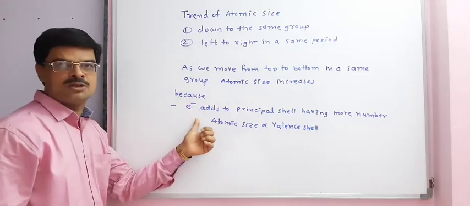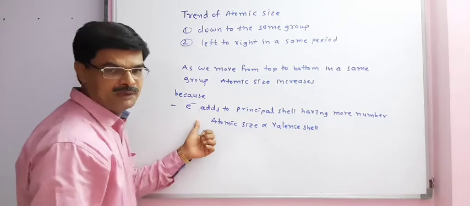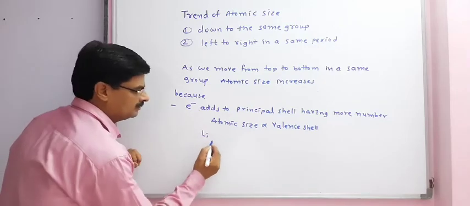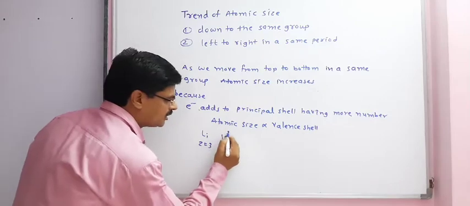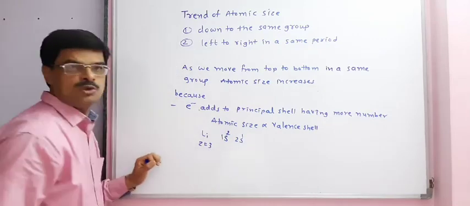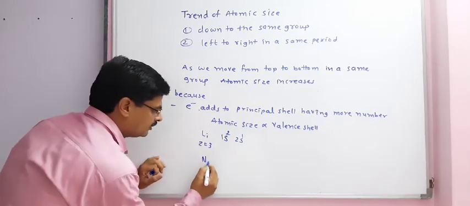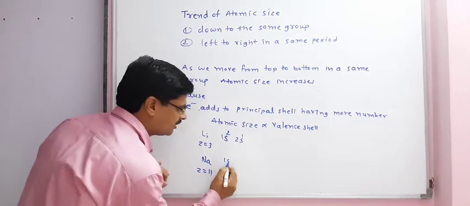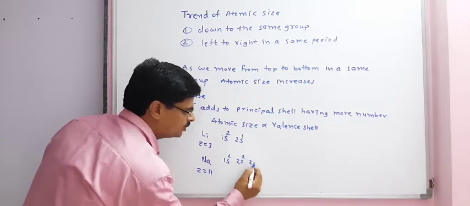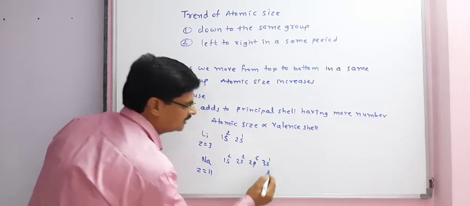This can be understood simply by taking the example of lithium, Z equal to 3, electronic configuration 1s2 2s1, and sodium, Z equal to 11, electronic configuration 1s2 2s2 2p6 3s1.